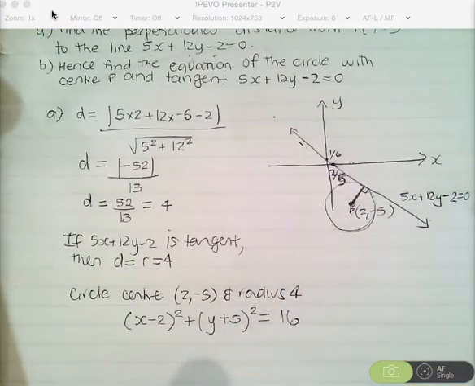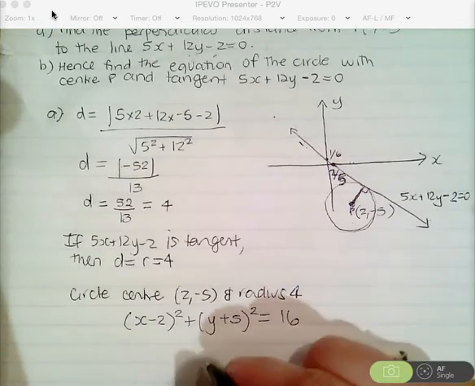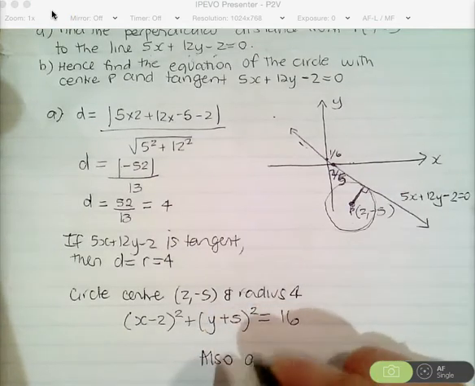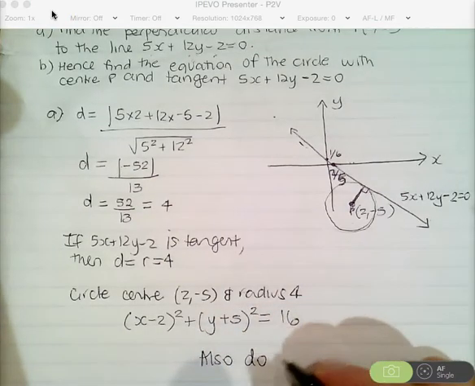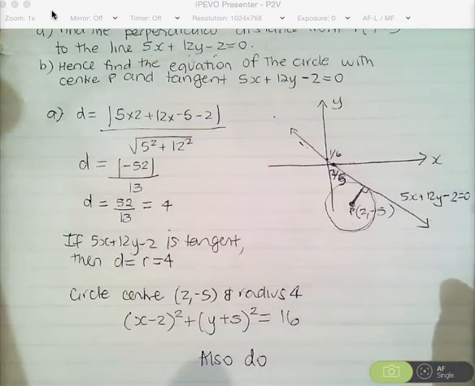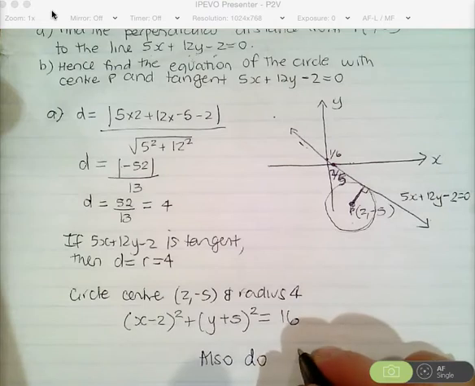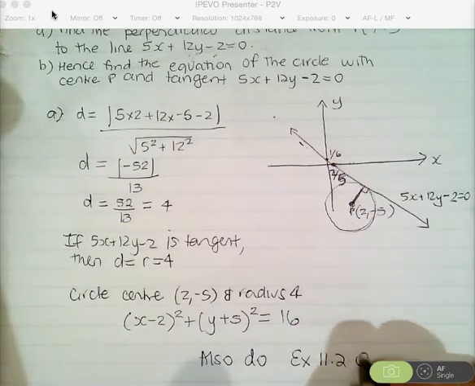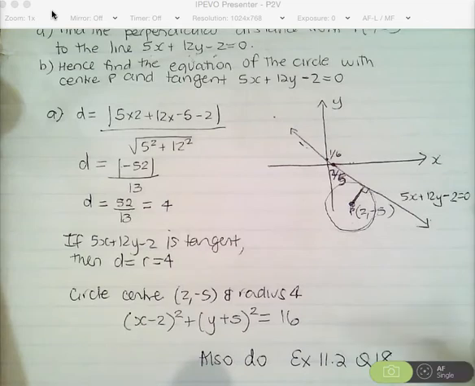I think I've already set homework for you, which was to do a few questions. I think I was asking you to do questions 20 to 28. I think we did question 21 in class, so I think I asked you to do a few questions between question 1 and 19, but I want you to do exercise 11.2 question 18 in addition to what I set today.